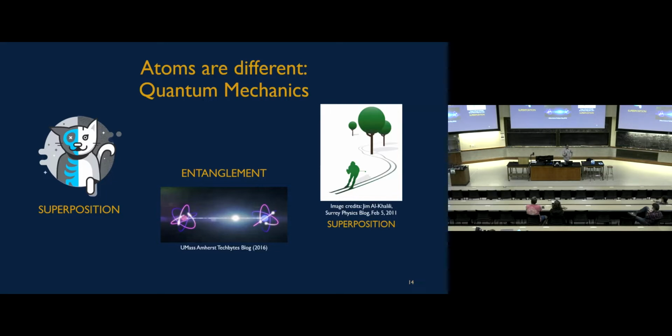There's nothing weird about atoms that's different from these two things. So everything that's weird about the atomic world is a combination of these two things. There are no more ways in which it's weird. And so if you know this, you've learned all there is to know about quantum mechanics, except for all the math.